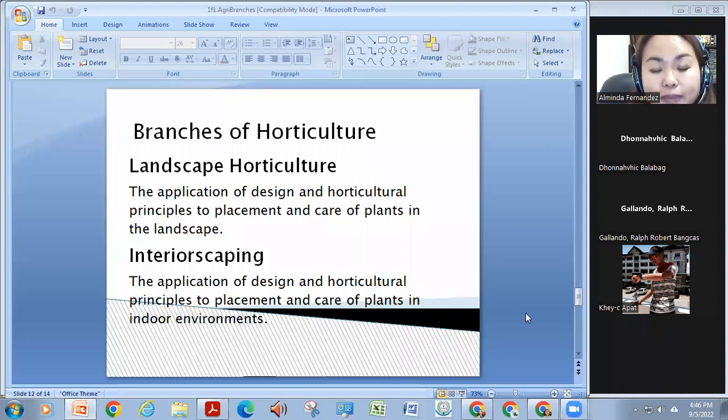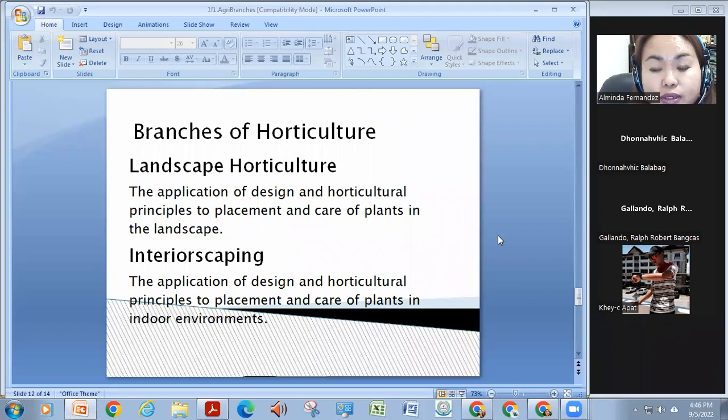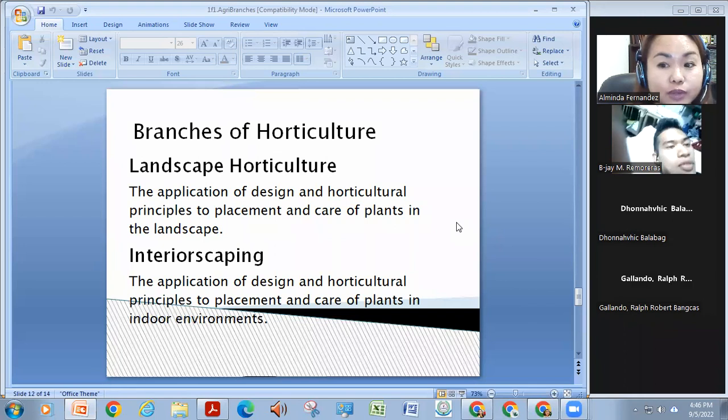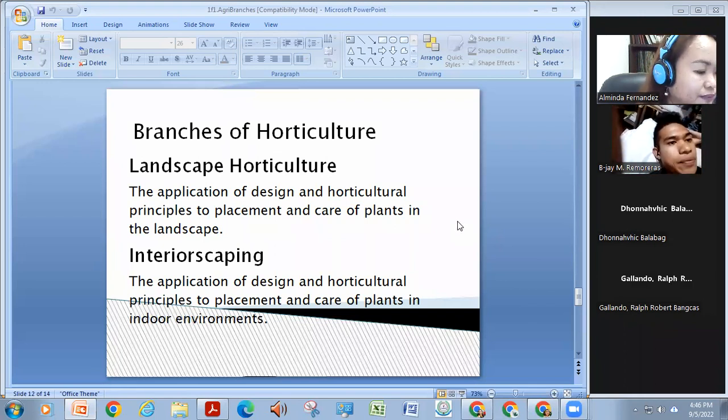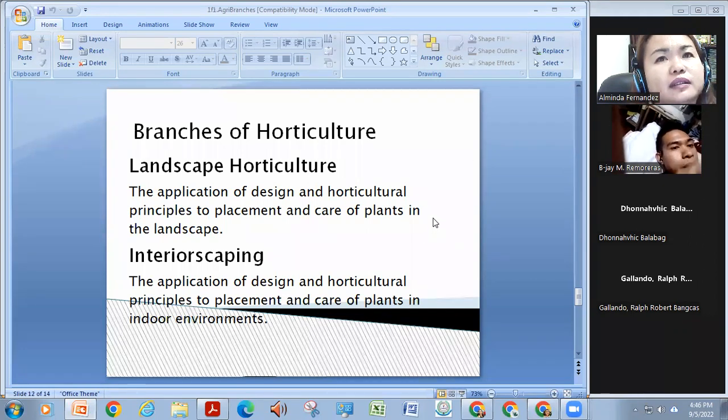And interiorscaping is landscaping, of course, inside the house or in indoor environments, like inside a botanical garden. If you have seen botanical gardens, like in Dubai and in Singapore, and we also have here.